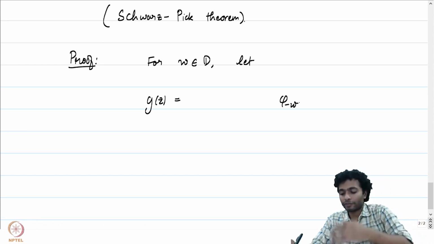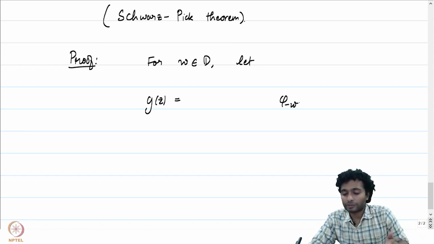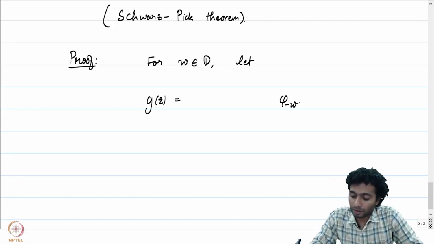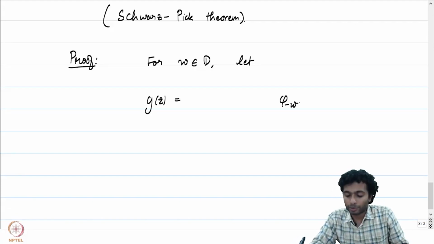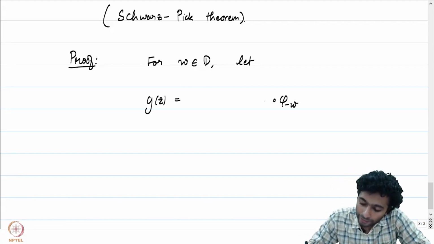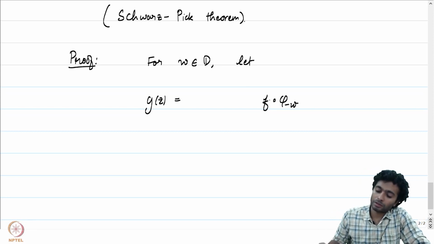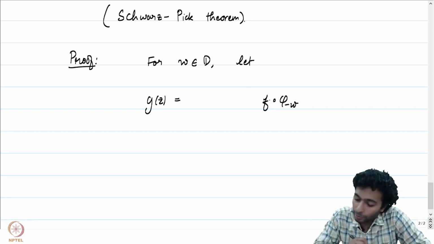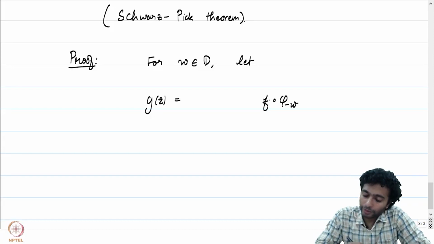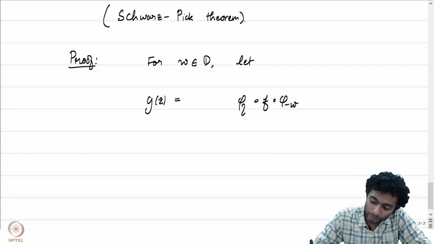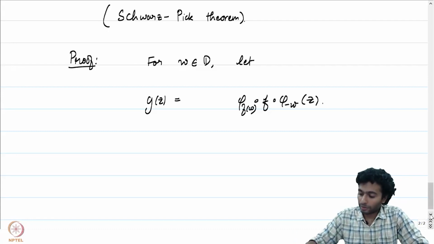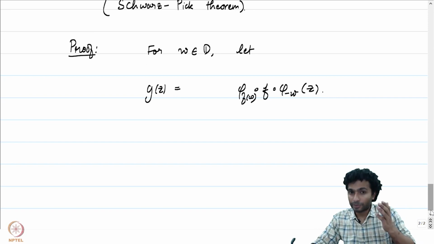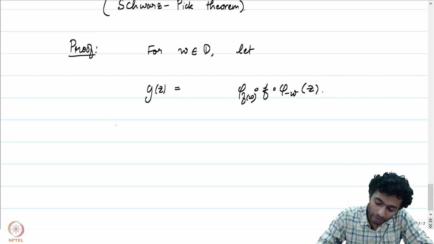This is the automorphism of the unit disk which is going to map minus w to 0, and that's going to map 0 to w. And if you take the image of this point under f, that's going to be f of w, and if you now compose it with phi f w, this is a function which is going to be a holomorphic map of the unit disk to itself, and further g of 0 is equal to 0.